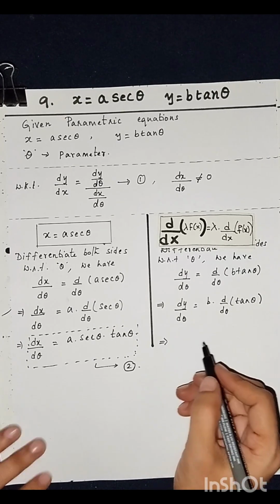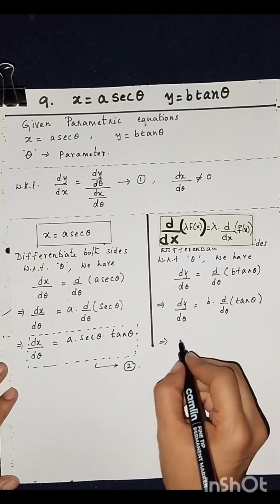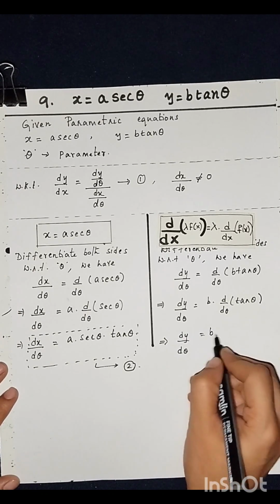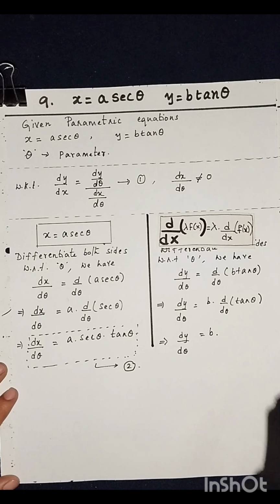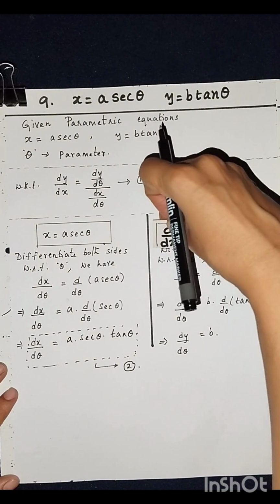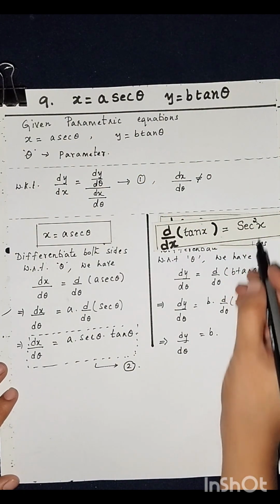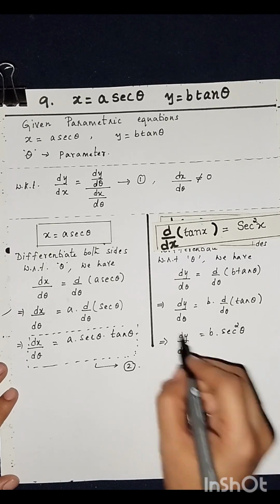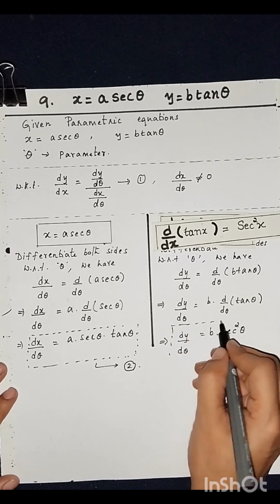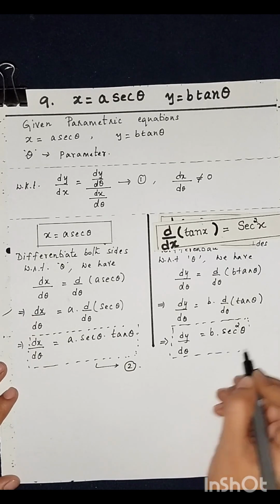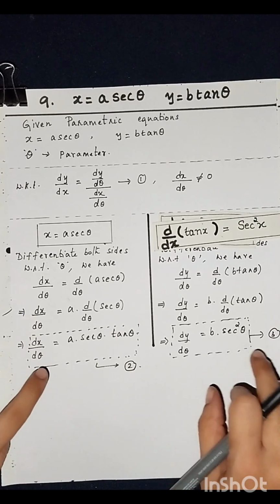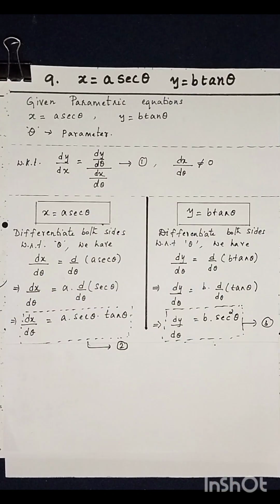So dy by d theta is equal to b into, so derivative of tan x is secant square x. So derivative of tan theta is secant square theta. So we got the third differential equation. So we have to substitute in 1.